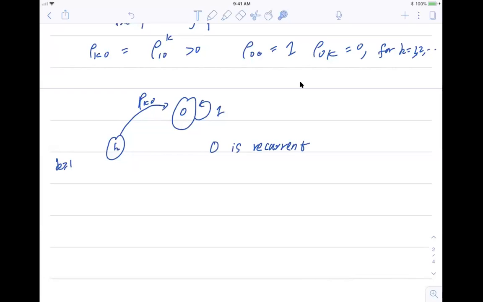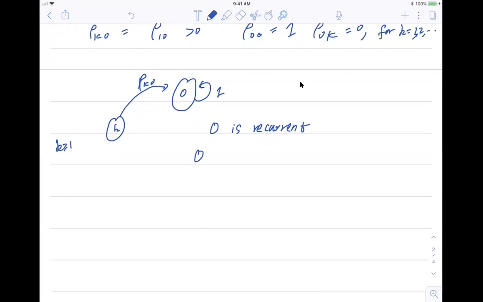Because you cannot send any mass out, so you always stay at 0. And 0 is not just recurrent, it is also called absorbing. So 0 actually is an absorbing state.